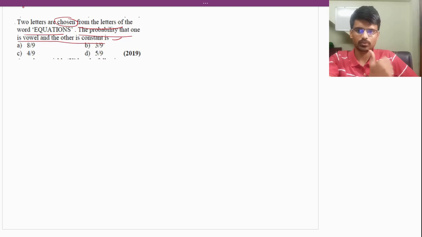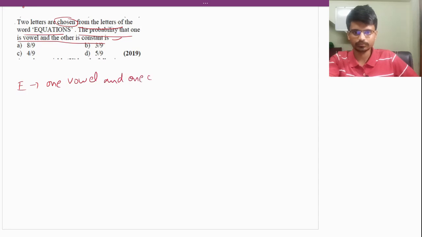Chosen meaning, here we need to apply concepts of permutation and combination to find the numerator and the denominator: the number of outcomes favorable to the event, that is one vowel and one consonant, and the total number of outcomes. Our event is one vowel and one consonant.